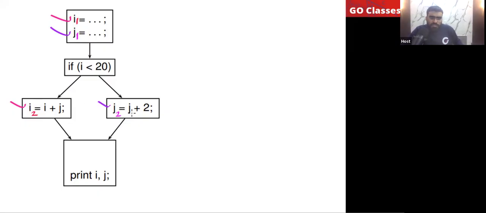You tell me, what is this J? Is it guaranteed to be J1? Can you give me a guarantee that this will definitely be J1? Yes, this will definitely be J1, because if this happens, you will always have J1 here.